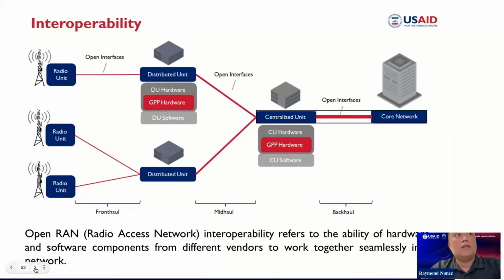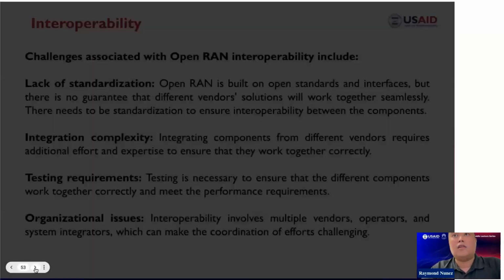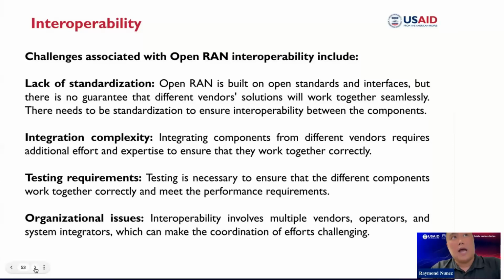So actually, on the next slide, a huge chunk of our discussion in this course would be challenges. Aside from defining the APIs and interfaces, what would be the challenge if you're going to be part of the Open RAN ecosystem? Of course, there's a lack of standardization, which Open RAN is trying to solve, to have each and every component communicate seamlessly, and be replaceable if a certain vendor A has a better value proposition for the telecom operator.